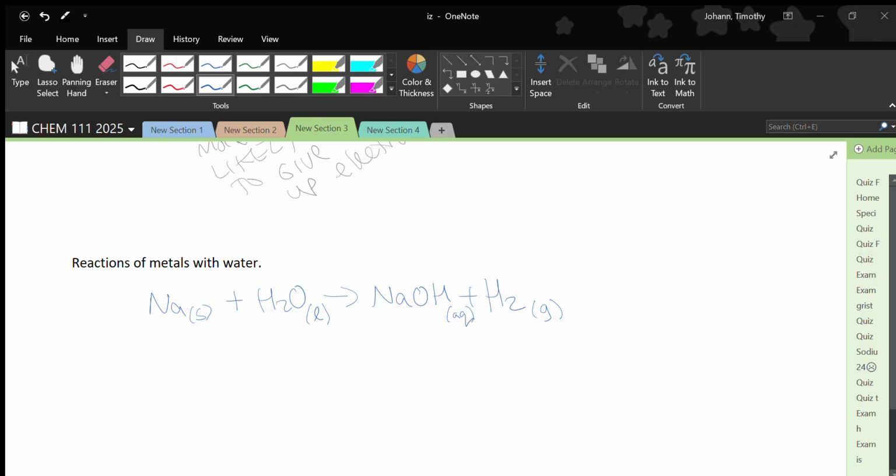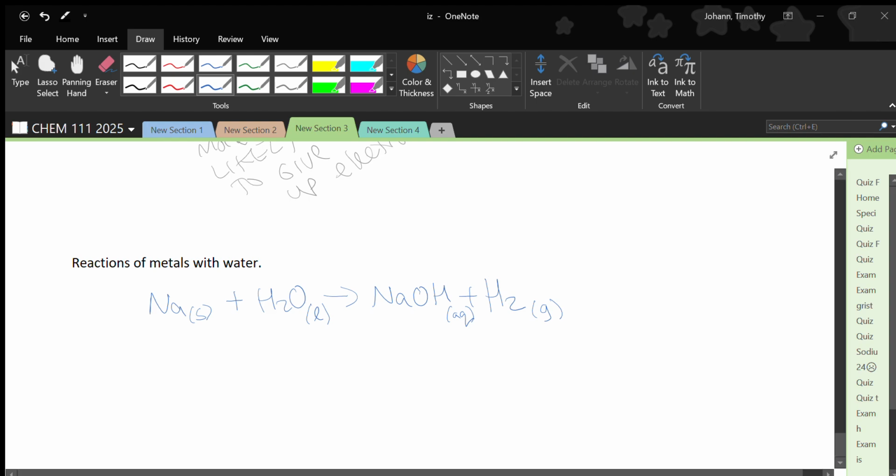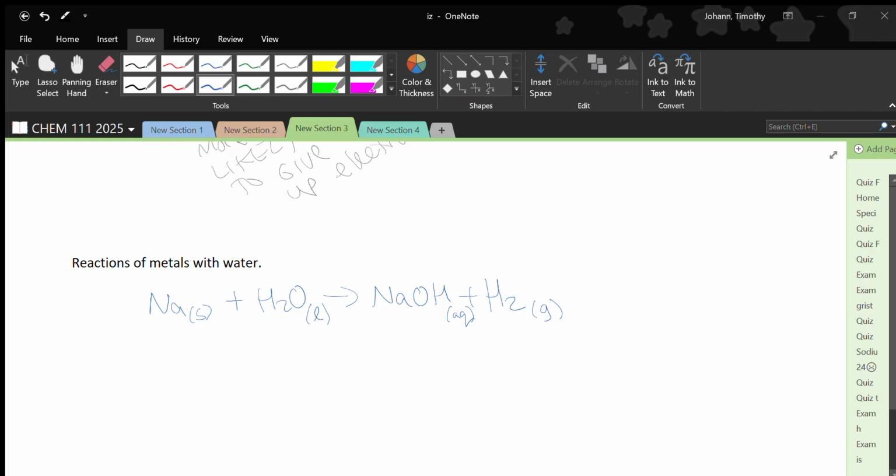So that's one reaction that can happen there. What's going on here is our water is breaking up into hydroxide and the H2. And that is a reduction reaction because if you think about the water breaking up, we end up with an H plus, and then it gets an electron, so it can make H2, which is neutral.